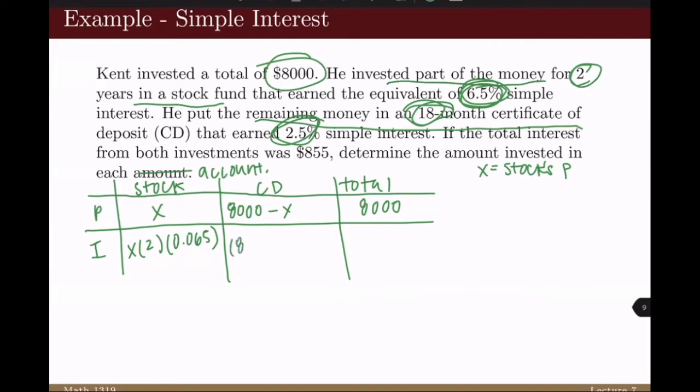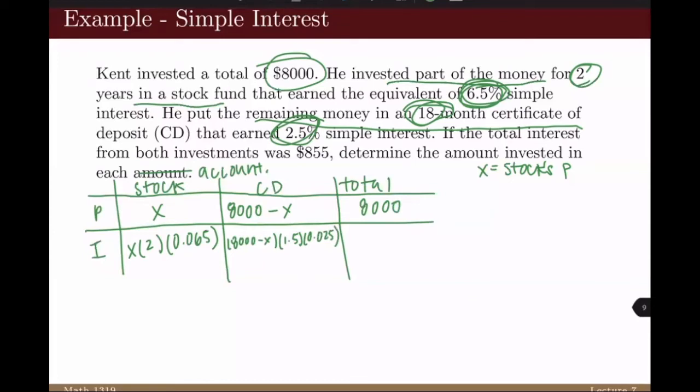So we'll have 8,000 minus X times 1.5 times 0.025 for our interest.